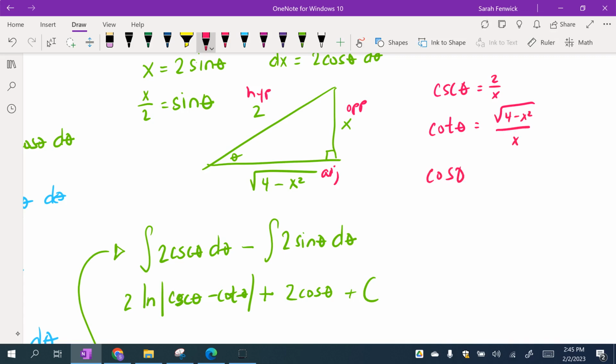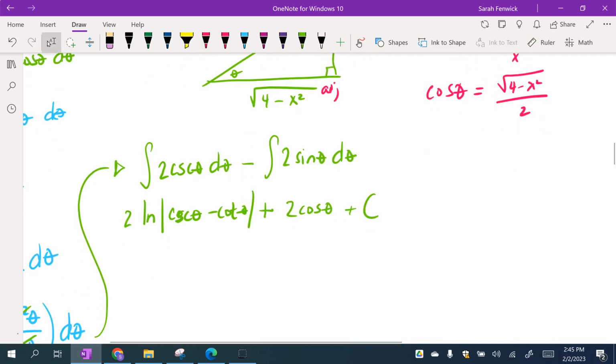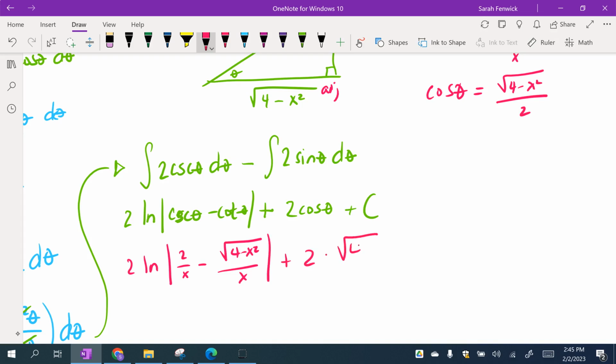And cosine theta is adjacent over hypotenuse. So we're going to have 2 ln absolute value 2 over x minus square root of 4 minus x squared over x plus 2 times the square root of 4 minus x squared over 2 plus C.